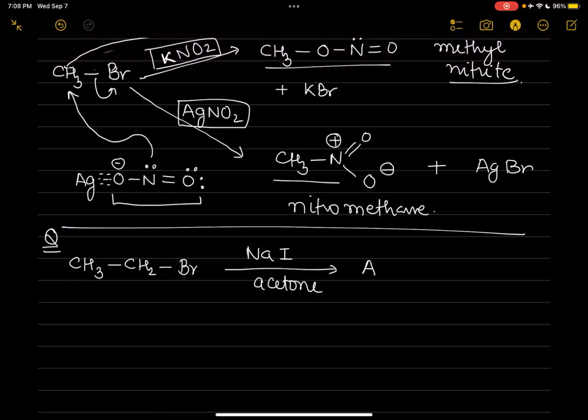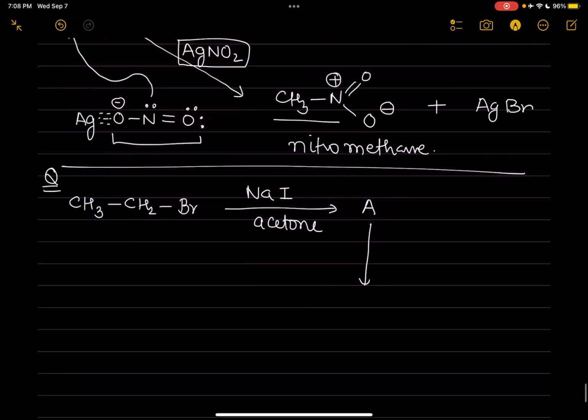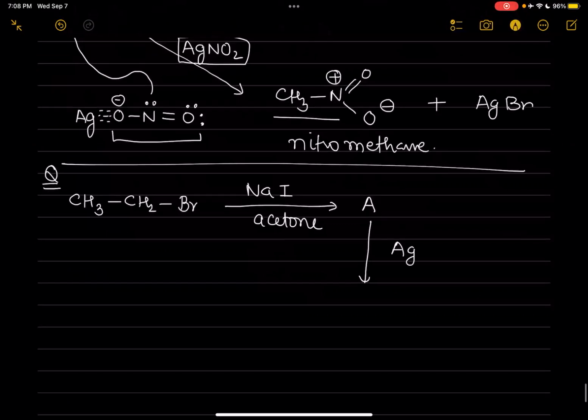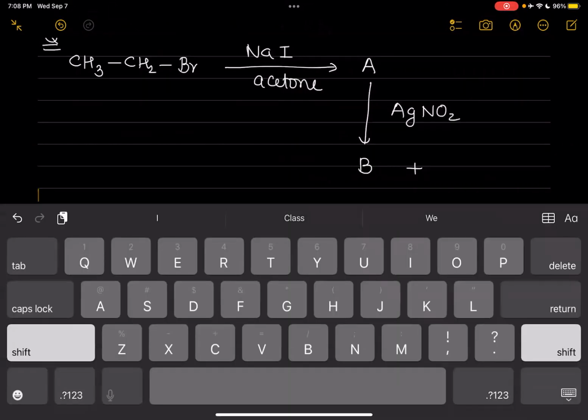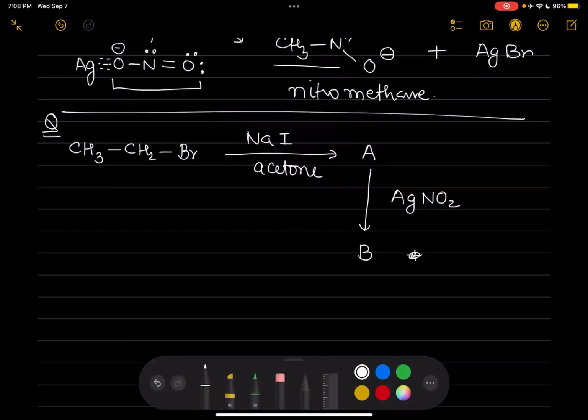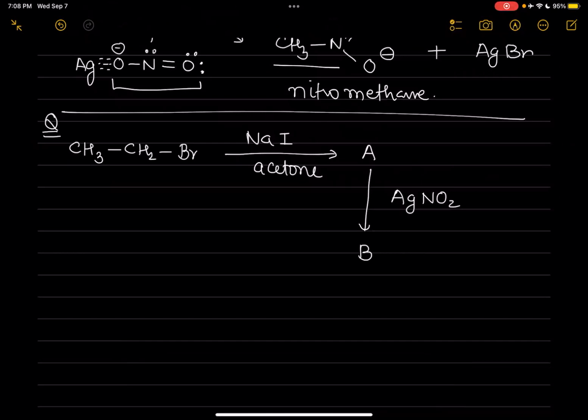You got A. A was reacted with AgNO2. You got B plus. Actually, don't worry about the inorganic product. Mainly, write the carbon-containing product. So what are going to be the structures of A and B?